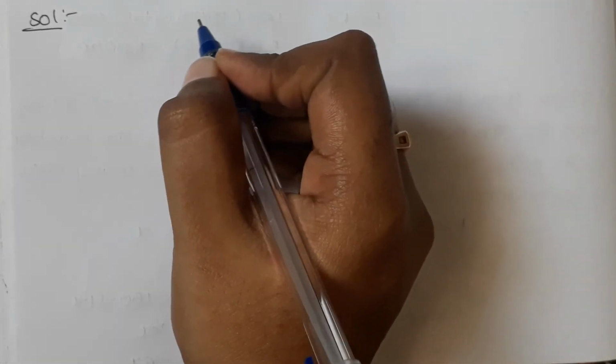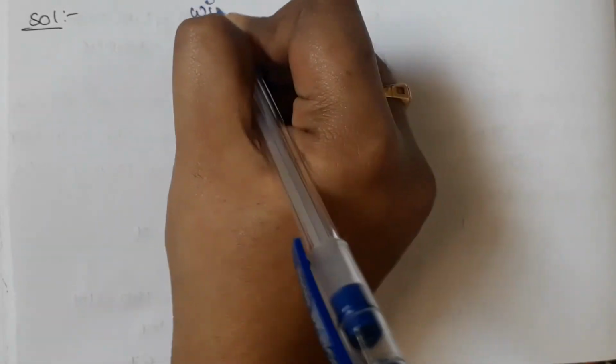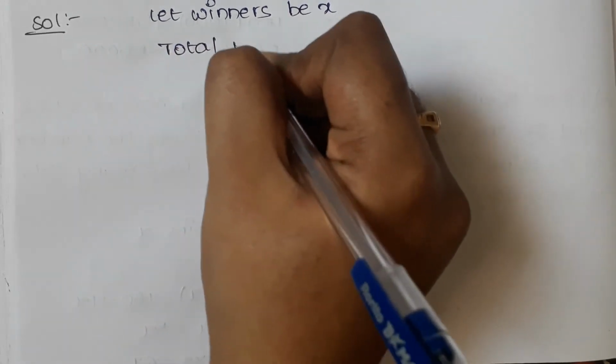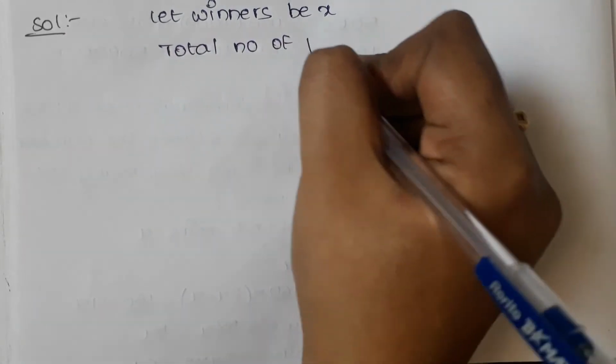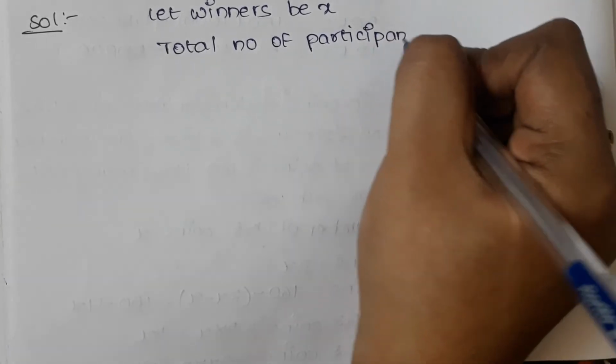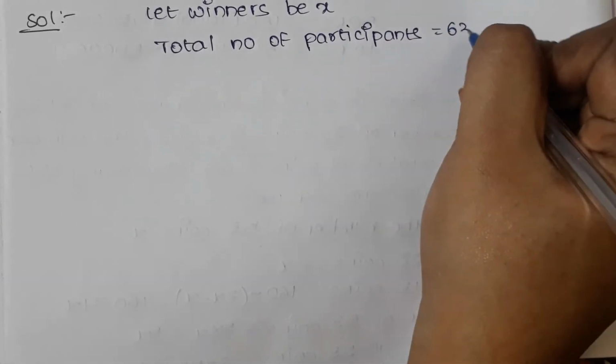Here let us assume the number of winners to be x, and the given total number of participants is 63.